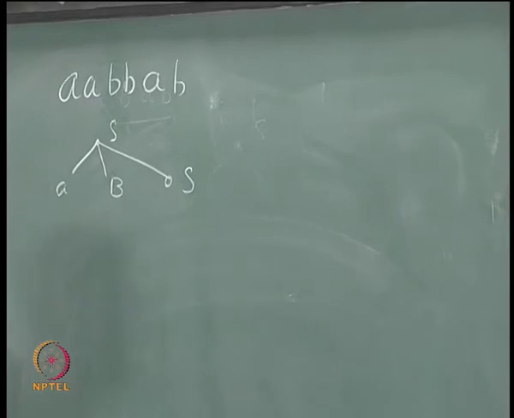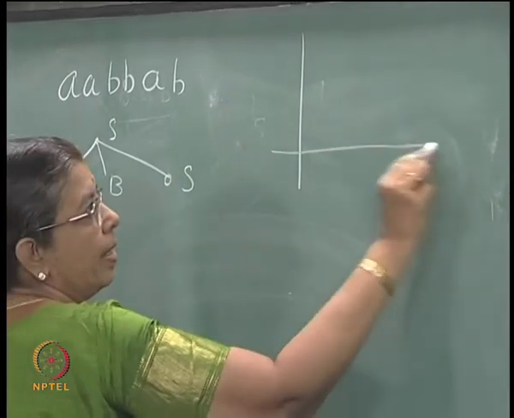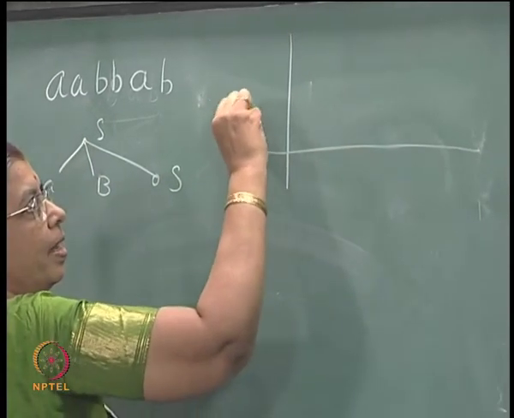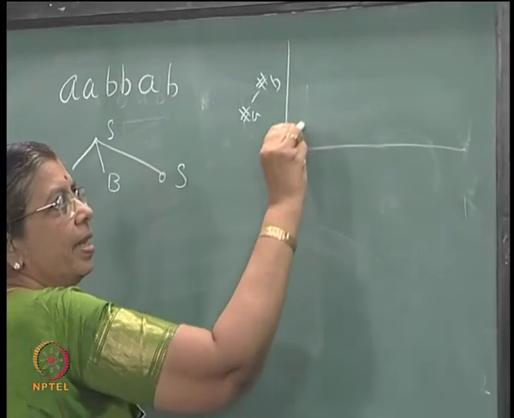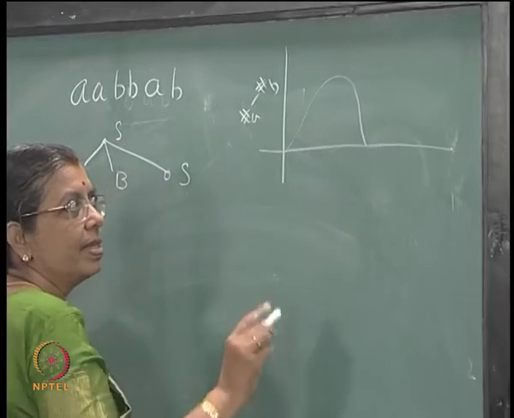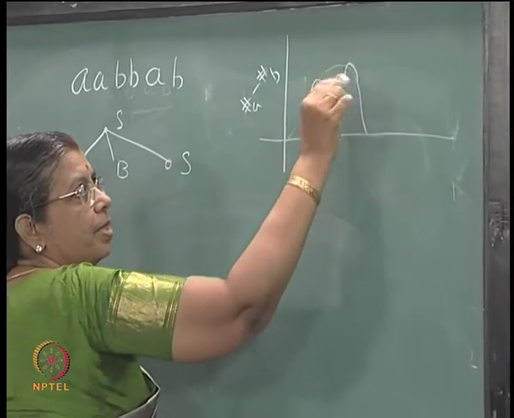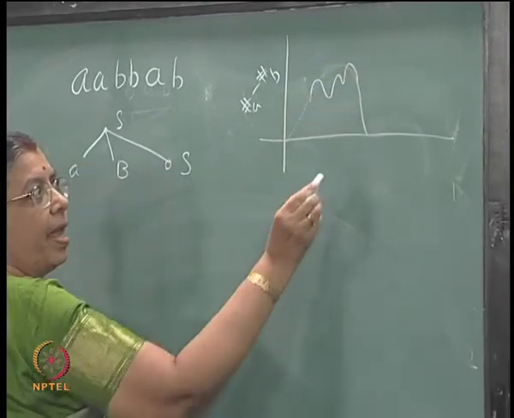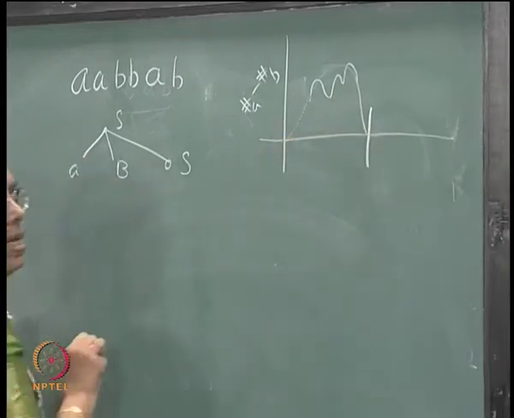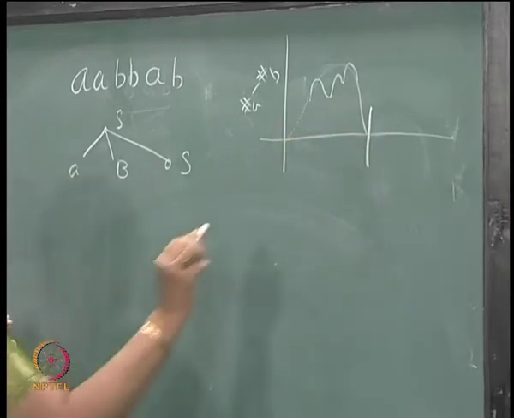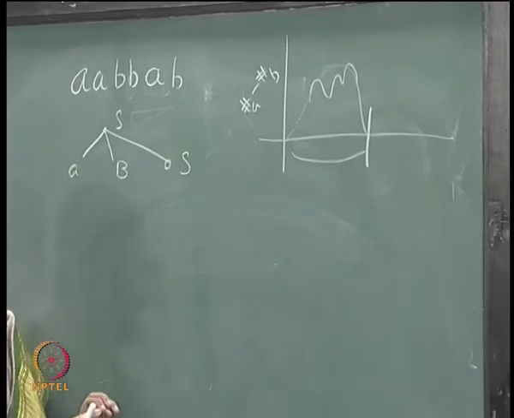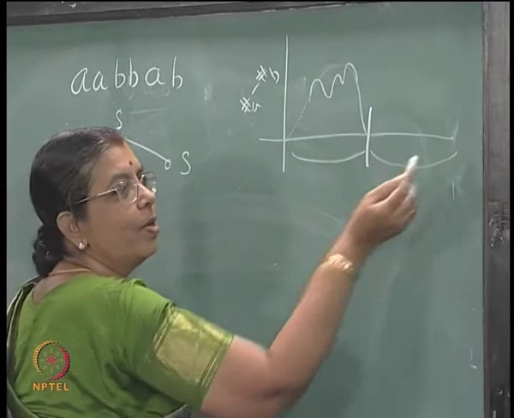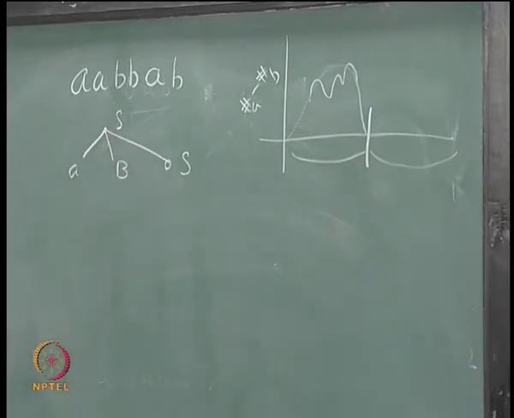Actually, the idea is like this. Suppose this number of A minus number of B is this, then if the graph is like this, it may have ups and downs like this. The first time it touches the x axis, this portion will have equal number of A's and B's, and because of that this portion also will have equal number of A's and B's.